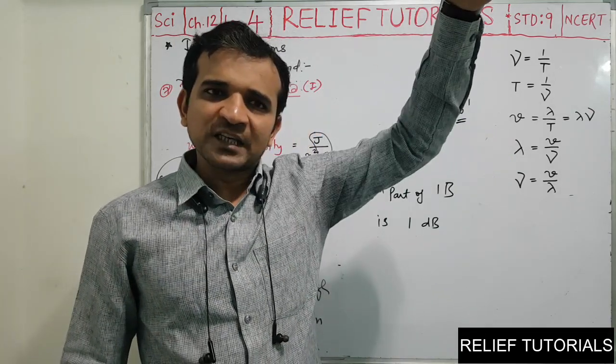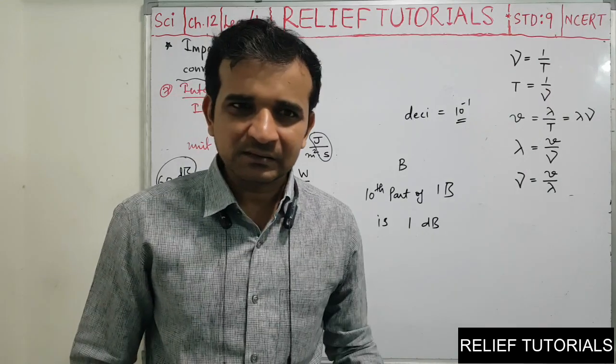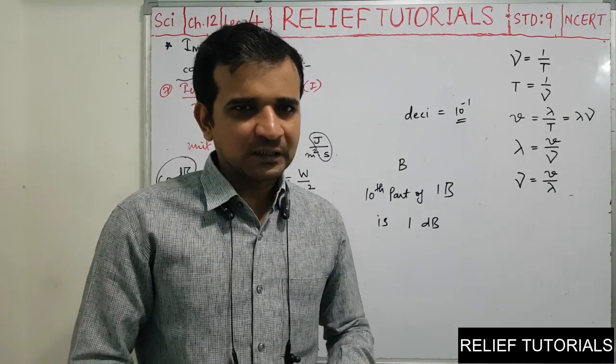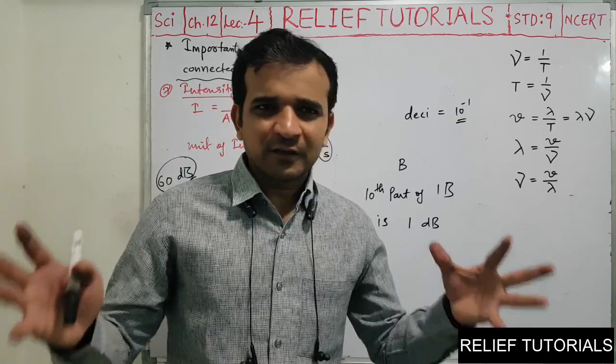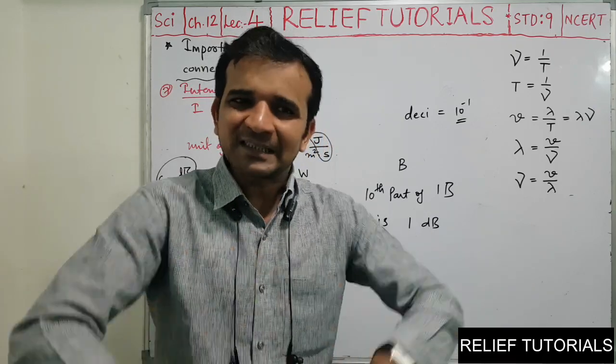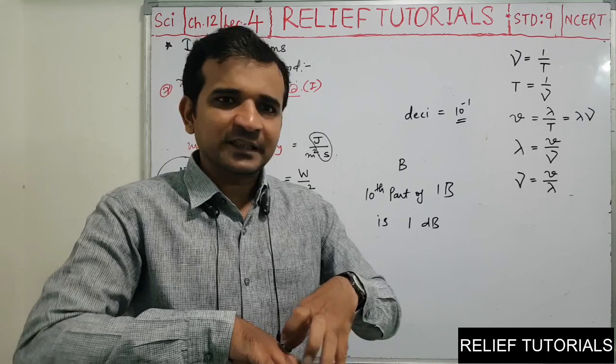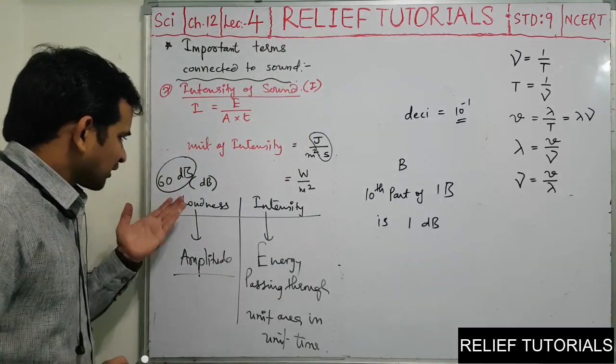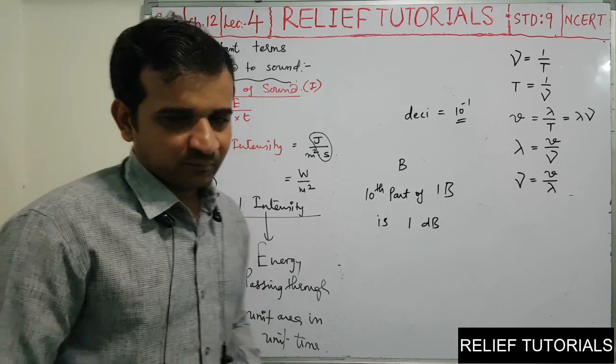More than 140 decibel is called noise. Extra shouting, four or five different persons speaking loudly at a time, creates noise for us. So normal conversations are at 60 decibel.